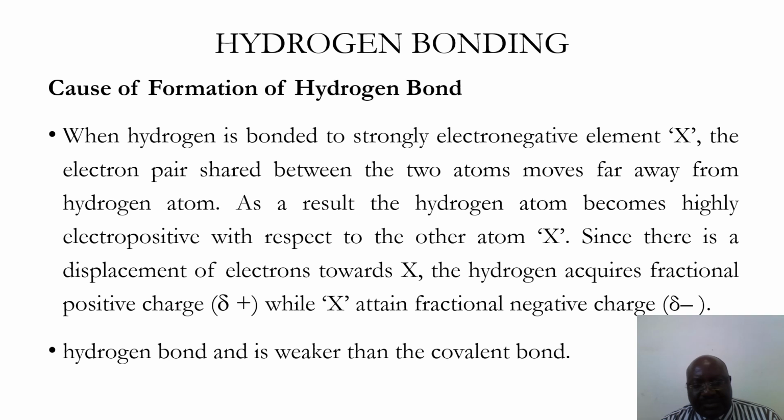Hydrogen bonding. Causes of formation of hydrogen bond. When hydrogen is bonded to a strongly electronegative element X, the electron pair shared between the two atoms moves far away from the hydrogen atom. As a result, the hydrogen atom becomes highly electropositive with respect to the other atom X. Since there is a displacement of electrons towards X, hydrogen acquires a fractional positive charge or partial positive charge, delta plus, while X attains a fractional negative charge, delta minus.